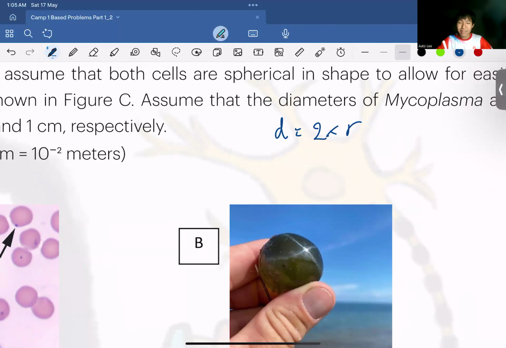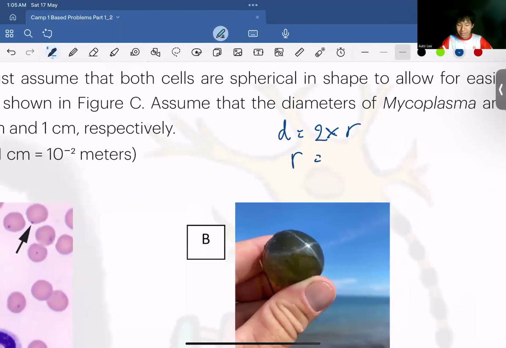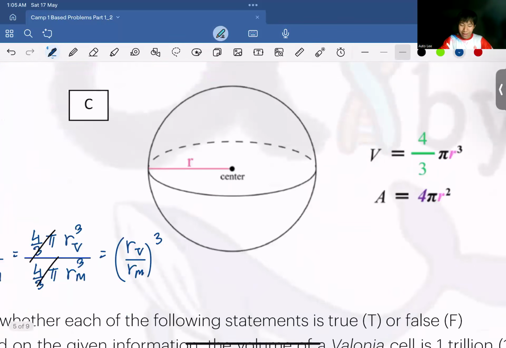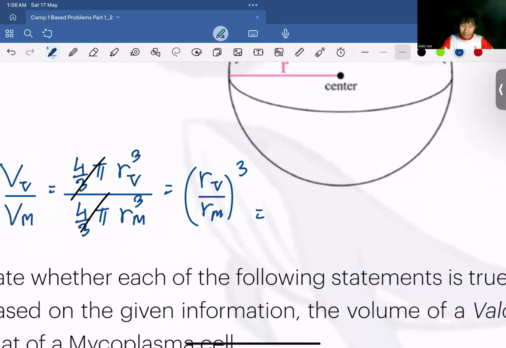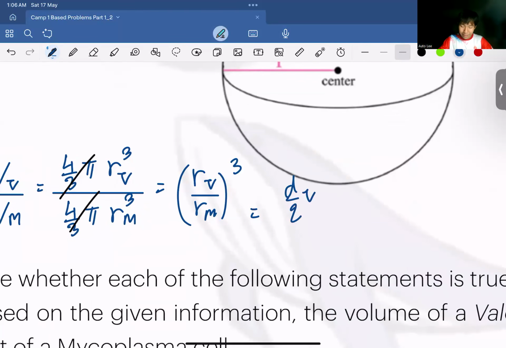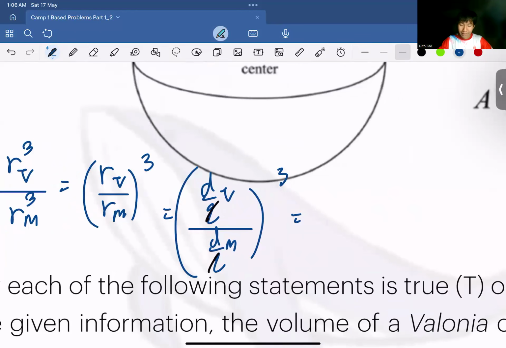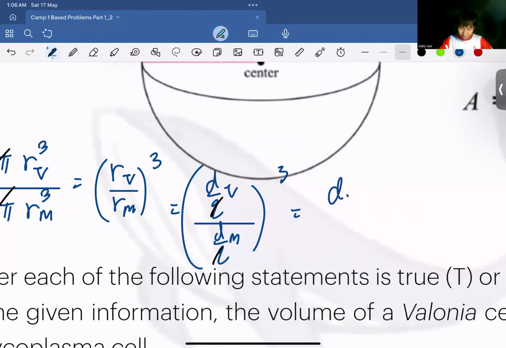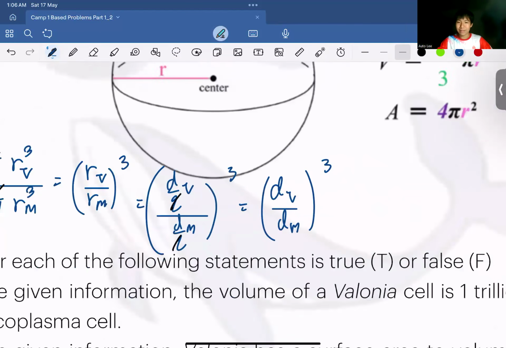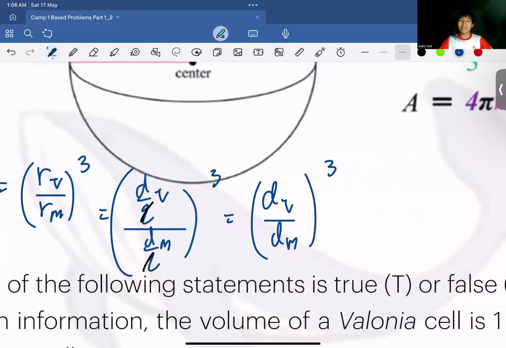The radius is equal to d over 2. With that, we can plug in d over 2 for each radius, and the twos cancel out. Now we have the diameter of Valonia over the diameter of Mycoplasma, everything to the power of 3.